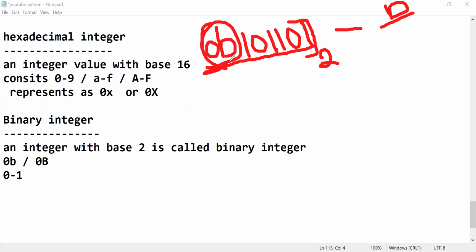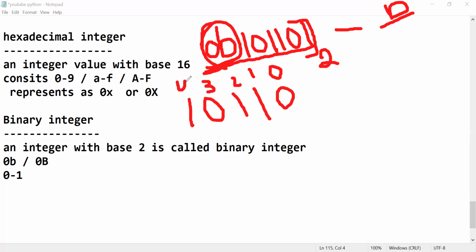We no need to consider this 0b. We have to consider 1, 0, 1, 1, and 0. Let's take positions of these values. It starts from 0, 1, 2, 3, 4, guys. So here we have base value 2, so we have to multiply with 2 of these numbers.